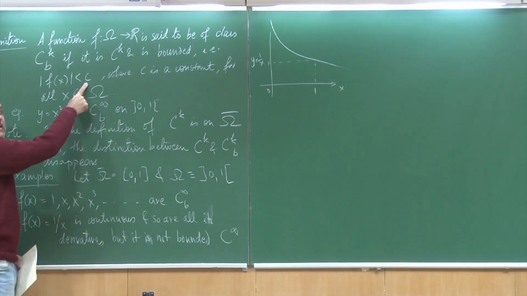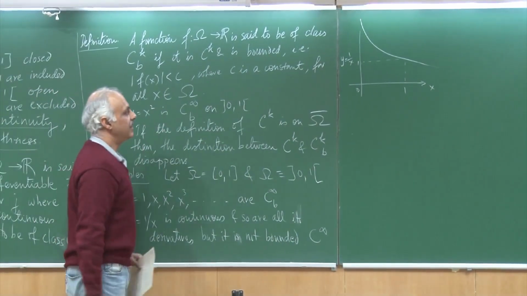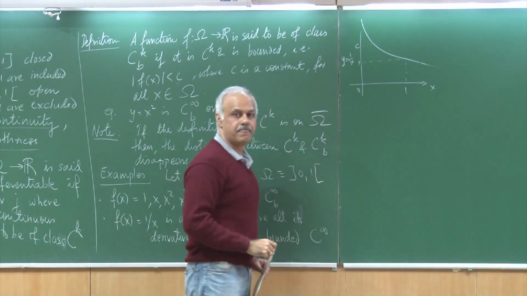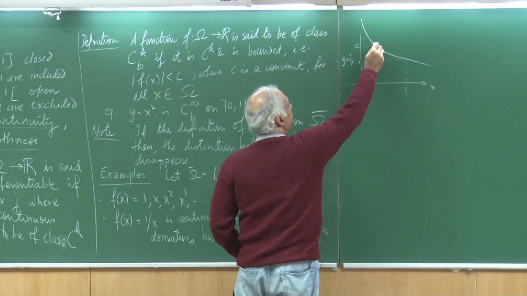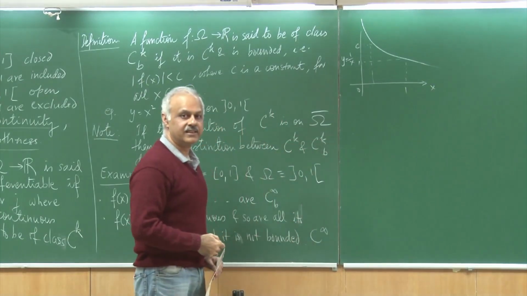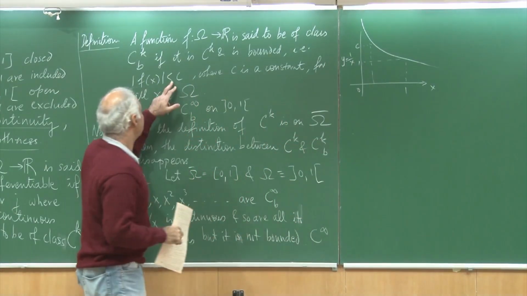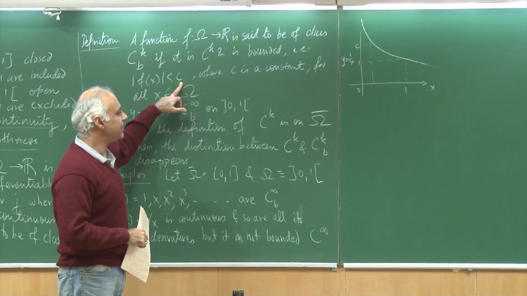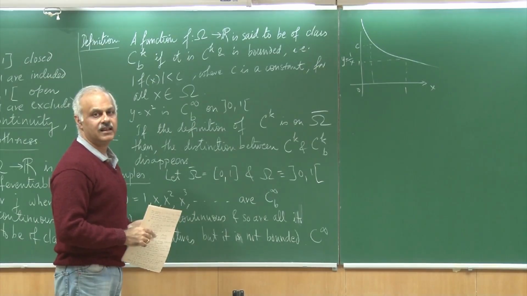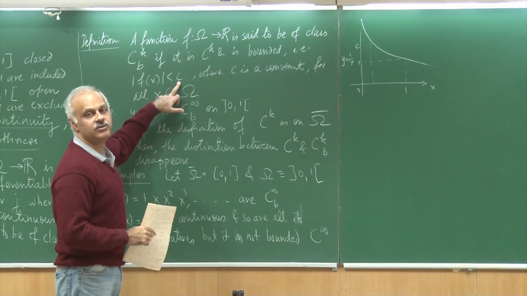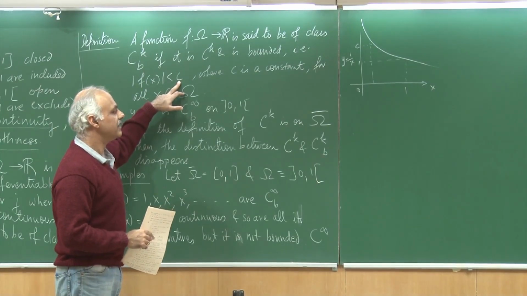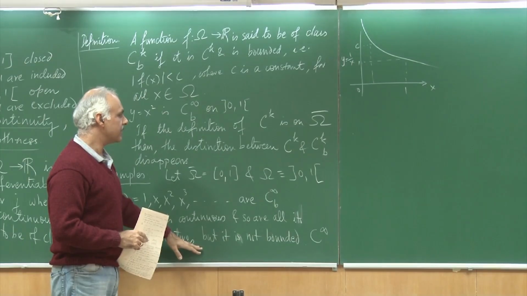So you can give me a constant C. I can always find a value of x where it exceeds this value of C. Anytime you give me that the function is less than a certain number C, I can always pull up a value closer to 0 which would exceed this value C. And therefore you cannot specify a bound a priori, and therefore this function is not bounded.